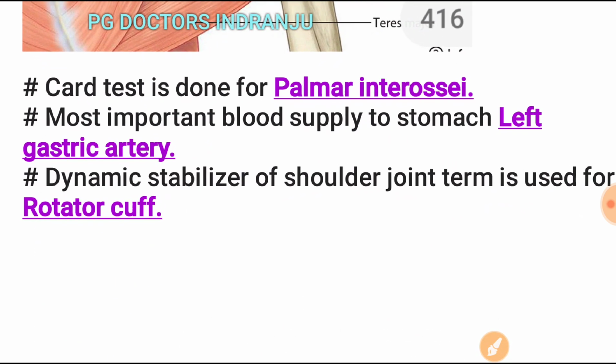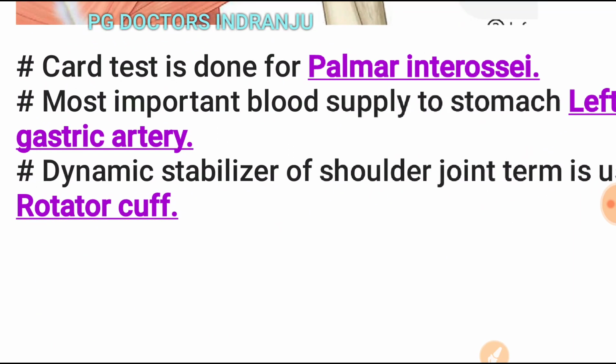Next one is the card test. The card test is done for the palmar interossei.